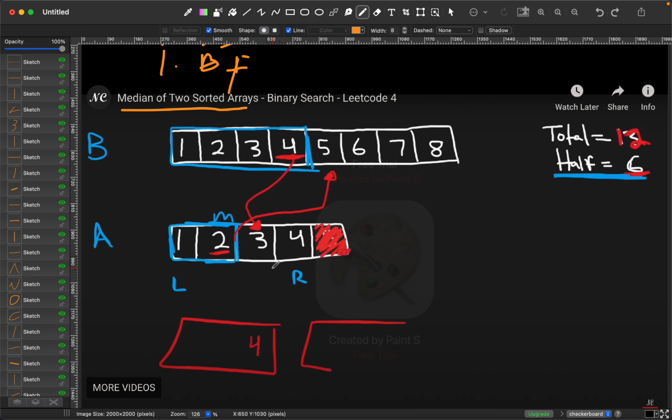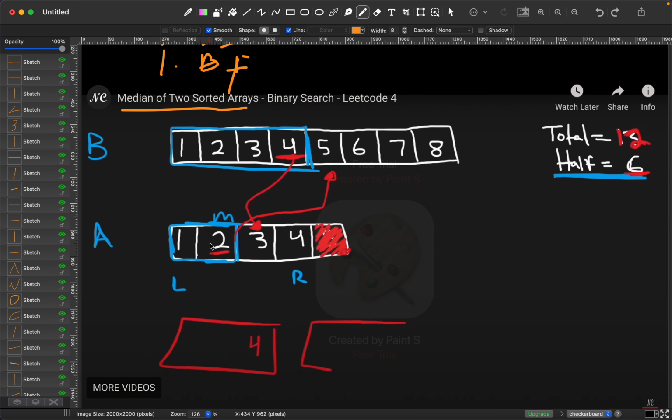Now what they do is they compare: is this value less than the opposite array's number?